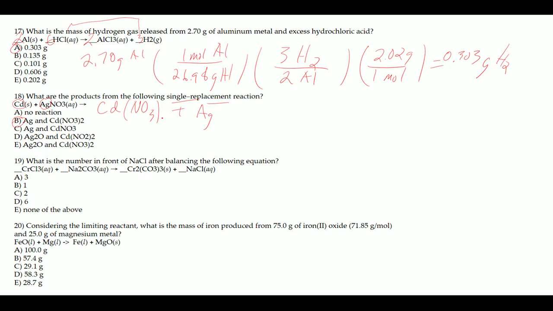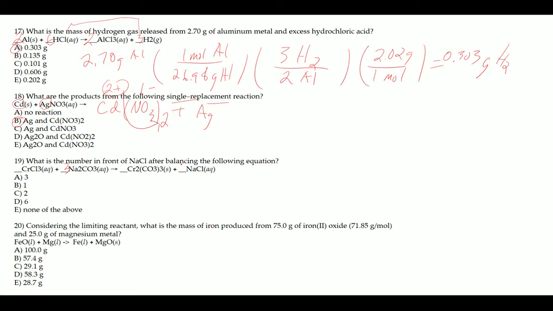But cadmium is one of those ions that is always +2. NO3 is -1. So that's why this crossed over to give me the 2 outside here. So the answer should be B.